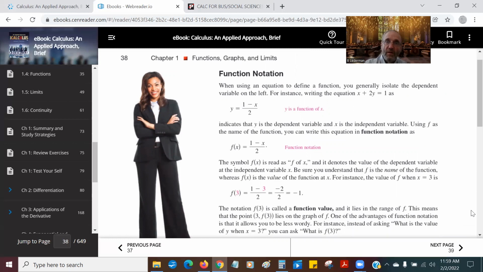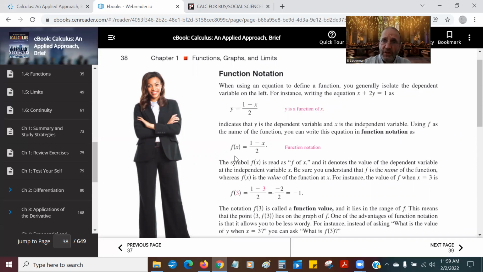Okay, now function notation. So if I can isolate the y, that's my function notation. You started with the equation x plus 2y equals 1, but I isolated the y, and I got y equals 1 minus x over 2, and then I can replace y with f of x, and that's function notation.